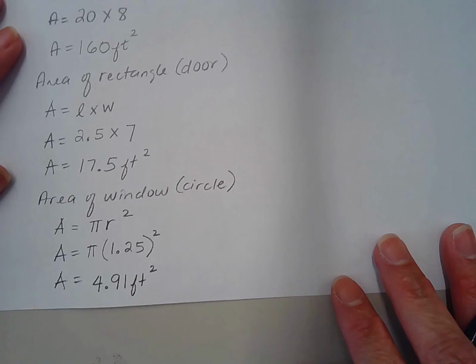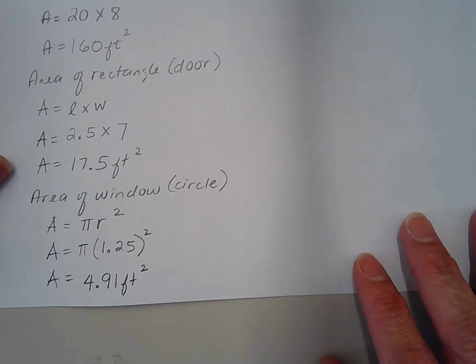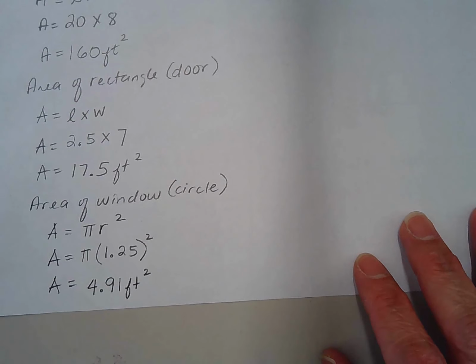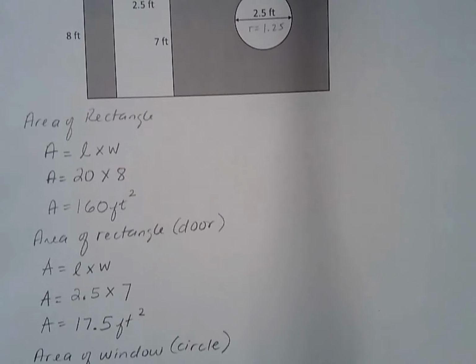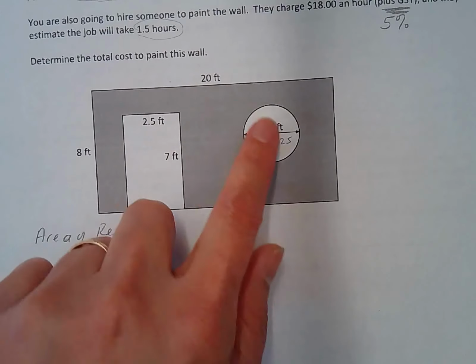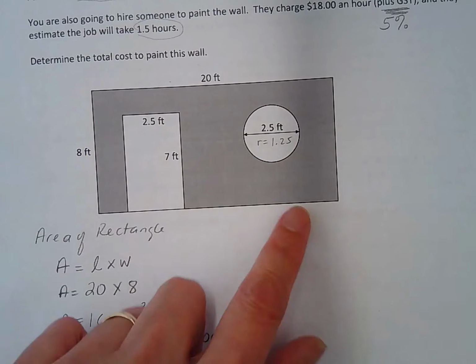Now I haven't told you this. Sometimes we have to do some conversion. But with 4.91, everything here is good because they're all in feet, all the same units of measurement. So that's great.